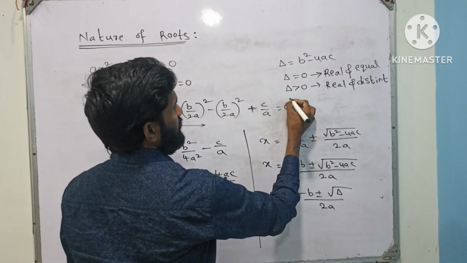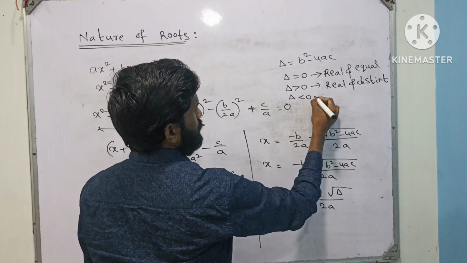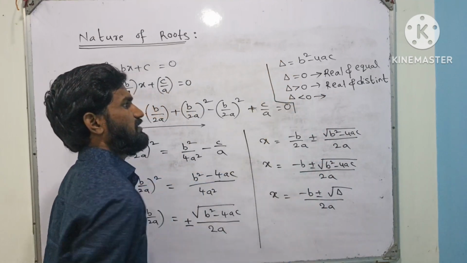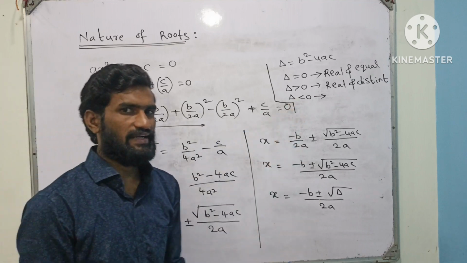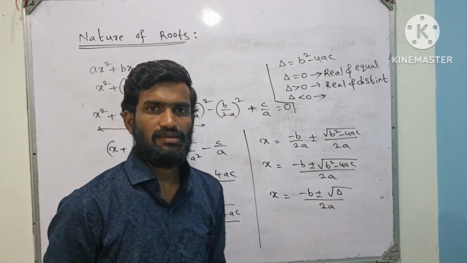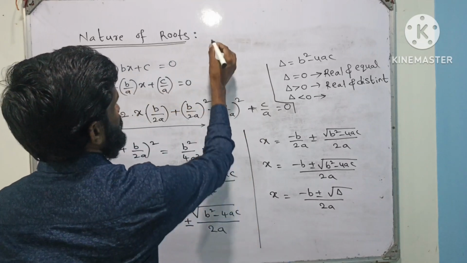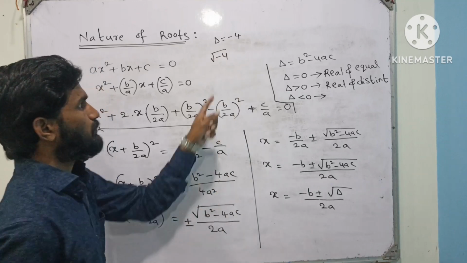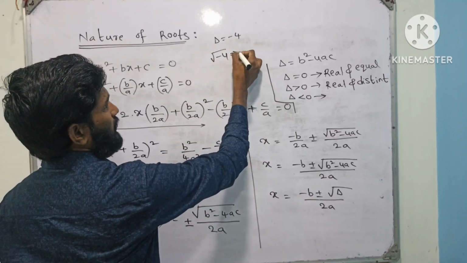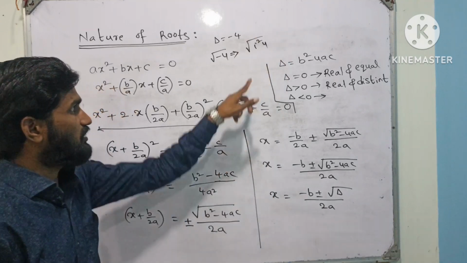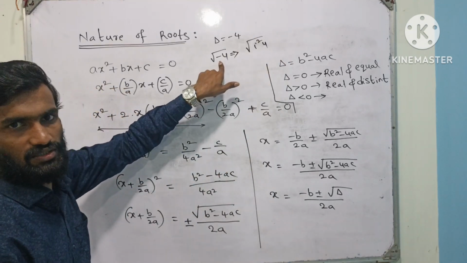Now the third one, that is discriminant less than 0. Let us take it as minus 4. So if discriminant is minus 4, then root of minus 4 is root of i square into 4, because i square value is minus 1.